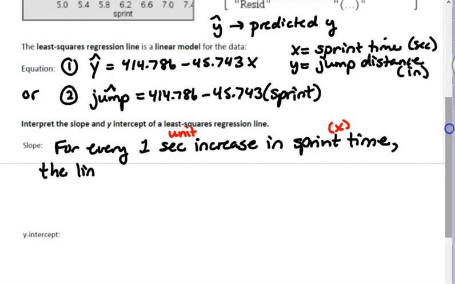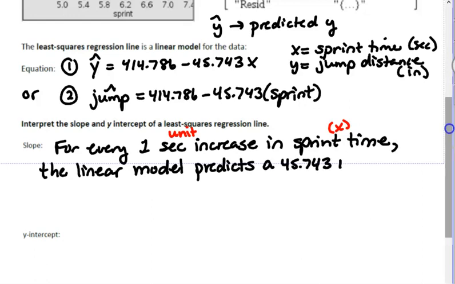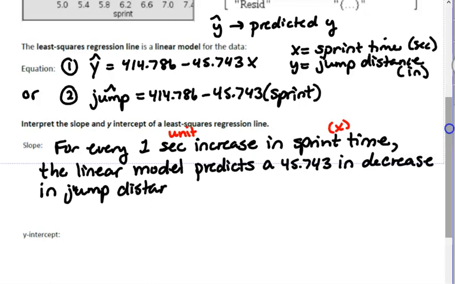The linear model, and that's our regression line, the linear model predicts a 45.743 inch decrease, because the slope's going down, in jump distance on average.